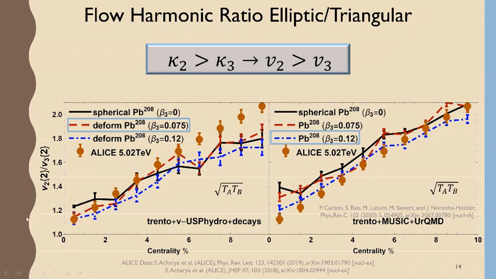But this is experiment. So this experiment says that V2 is bigger than V3 by 0.1. Right. Sorry. So yes, the discrepancy comes from looking at the spherical lead. So without the deformation, you get an overestimate of this.